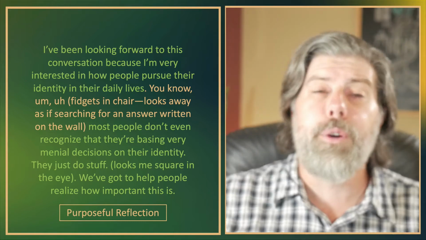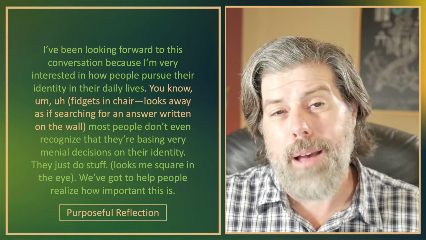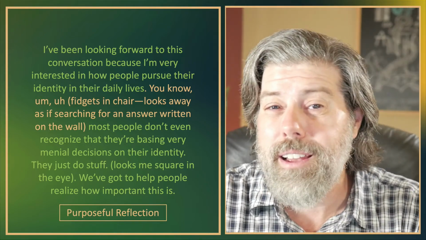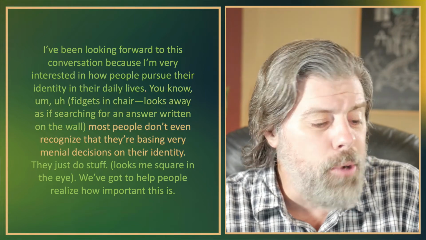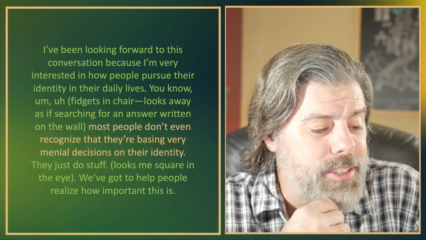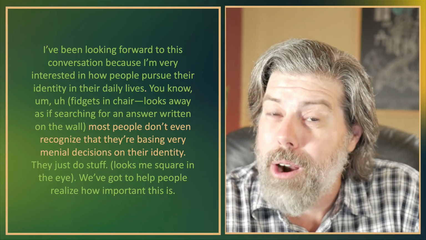And if purposeful reflection seems to come up quite a bit on this topic of identity, I might want to figure out what is going on there. And so we keep going on. Most people don't even recognize that they're basing their menial decisions on their identity. Now remember, constant comparative method means you take the next phrase and you compare it against the codes that you already have.